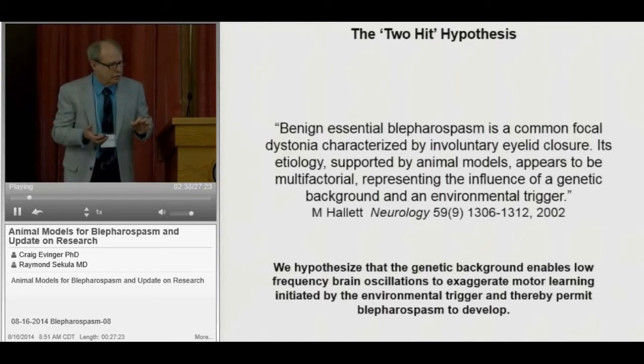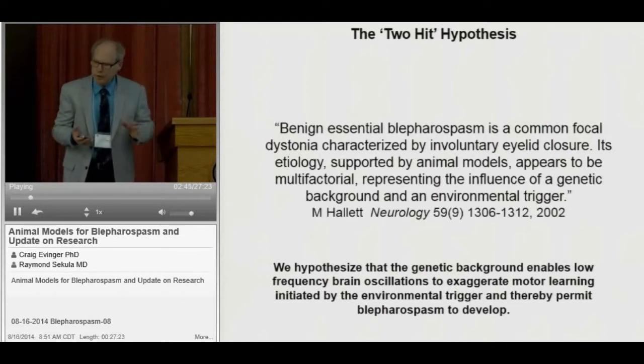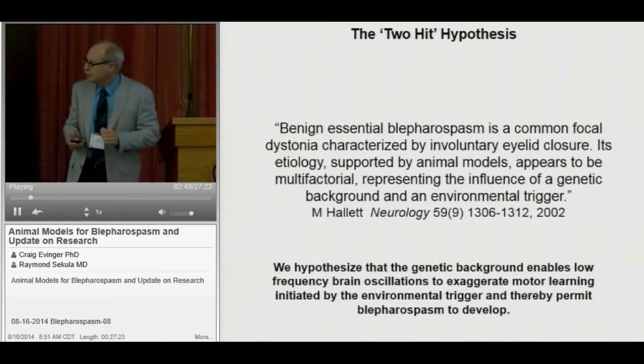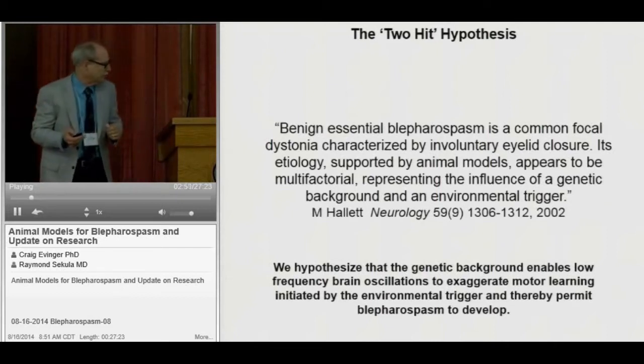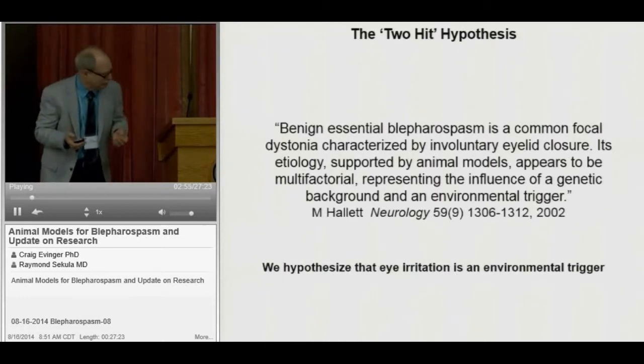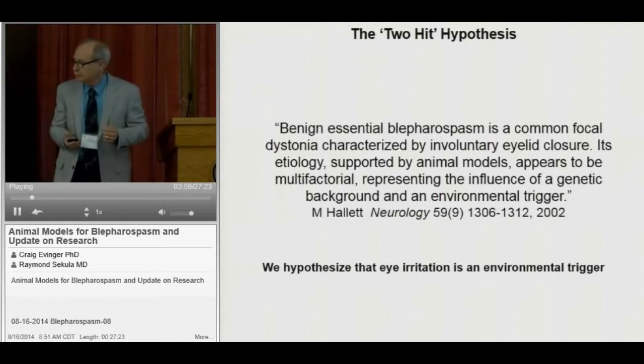Now, I'm going to spend most of the time talking about these low-frequency brain oscillations. They sound strange, but they're not as strange as you might think. But let's start by talking about what we know about the environmental trigger. We've hypothesized that the environmental trigger is dry eye, ocular irritation.